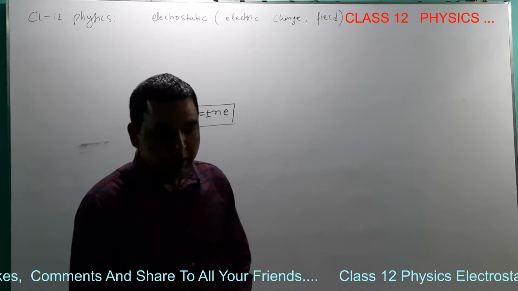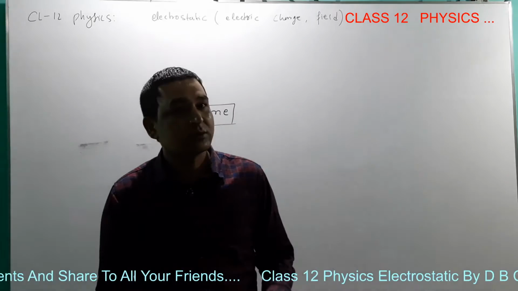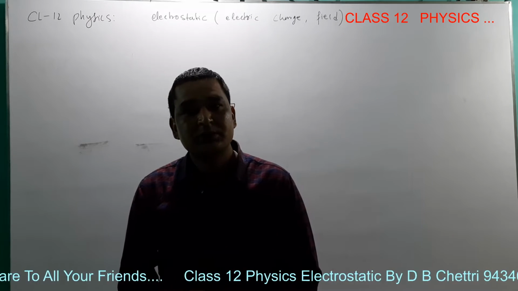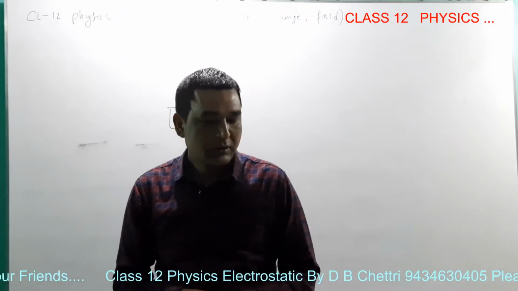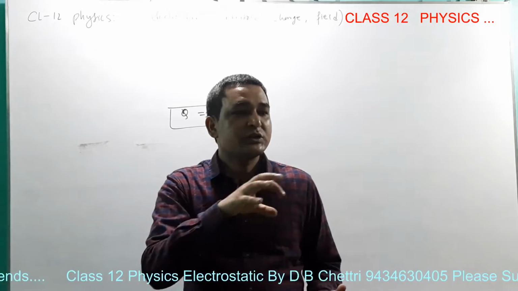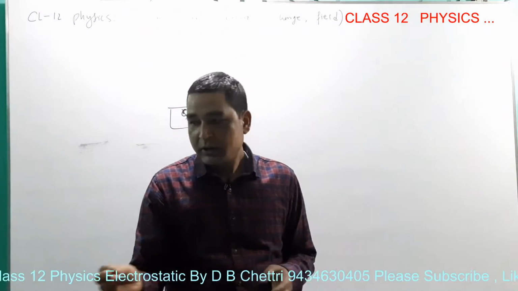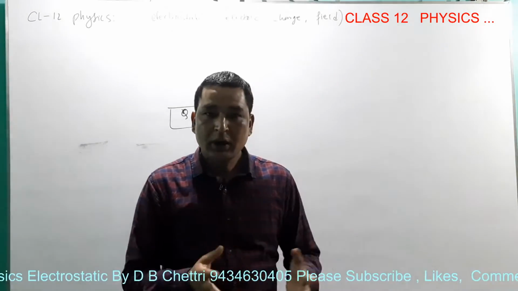Then there is the gold leaf electroscope. That is a device which is used to measure whether an unknown body is charged or uncharged.